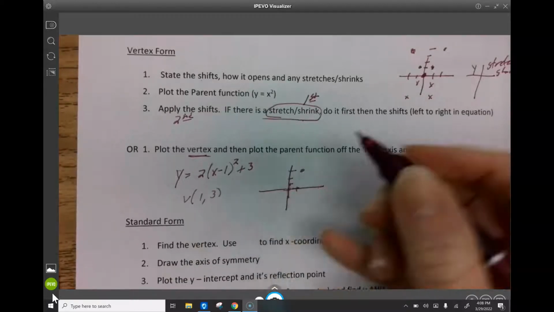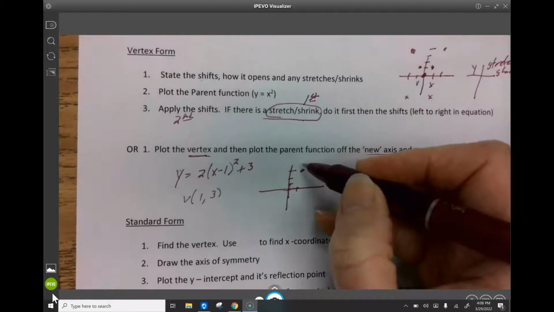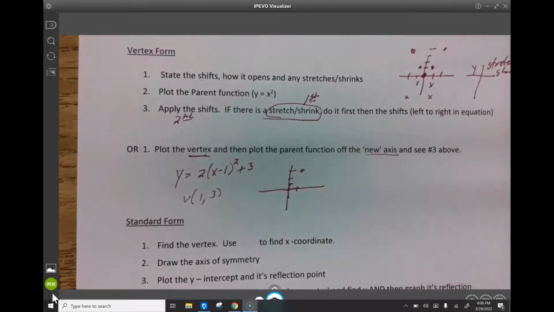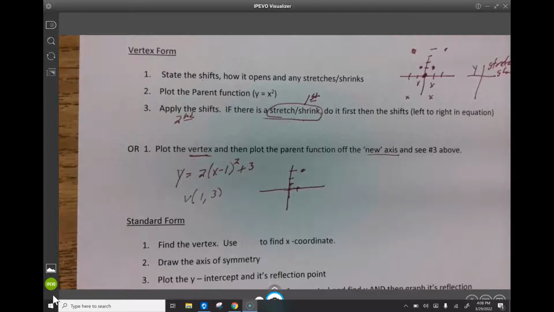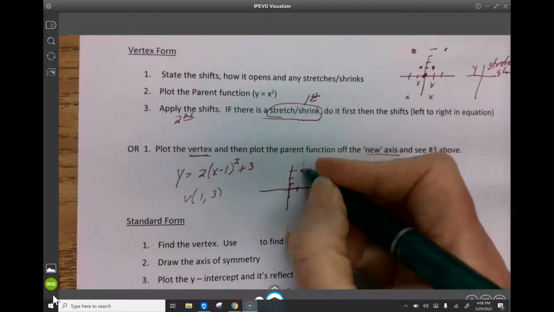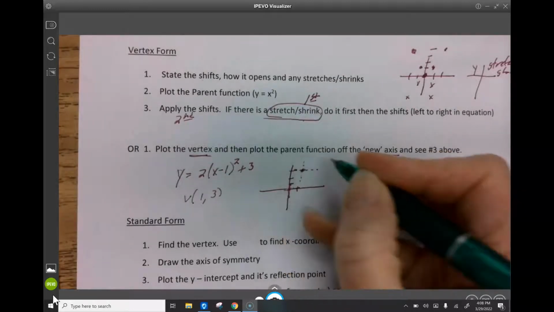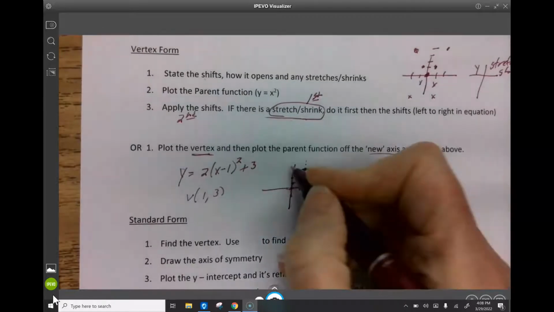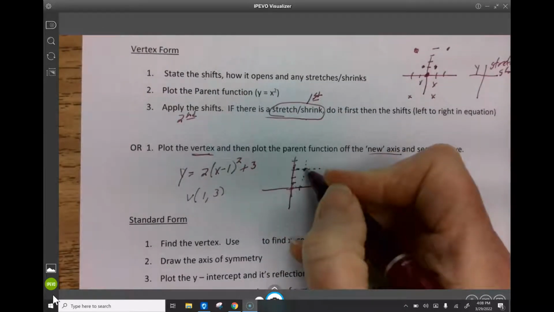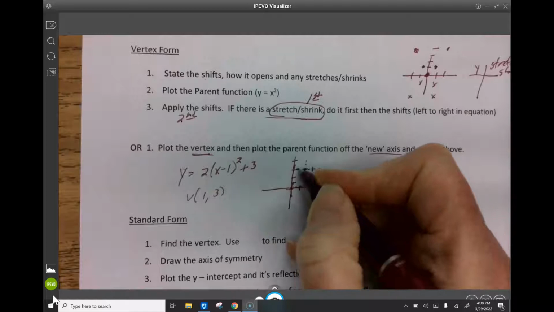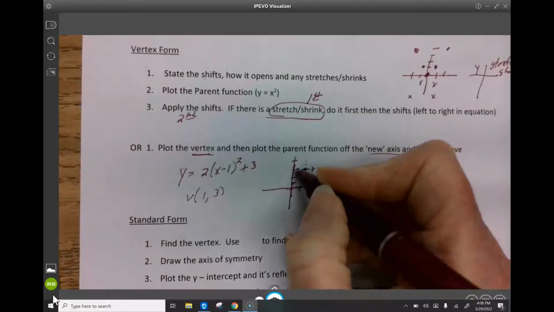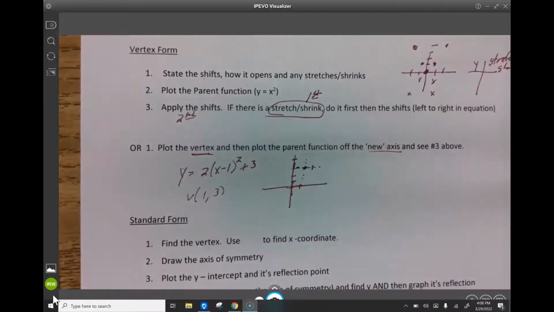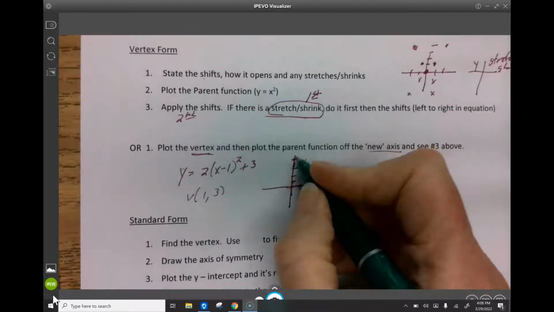And I plot that. But what I do is I make a new axis right there. So I can make a new axis and then plot my parent function off of this. So here is my new axis, and I can just plot off of that. So there's 1 and 1. So I can plot my parent function.